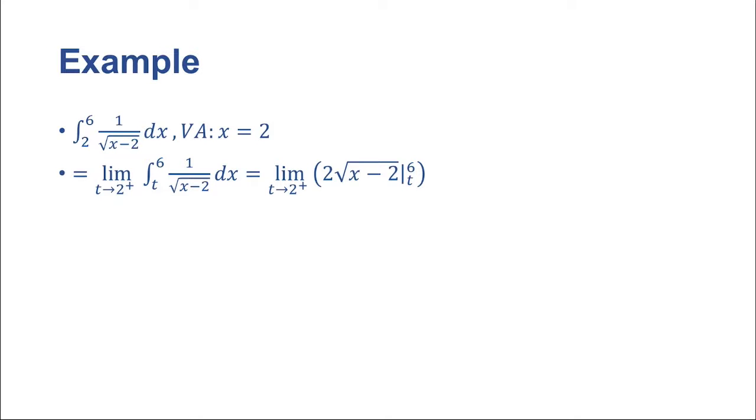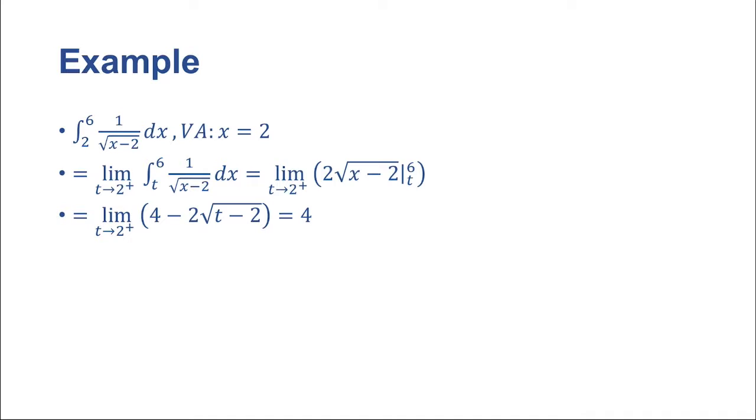Okay, so that's equal to the limit as t approaches 2 from the positive side of the integral from t to 6 of 1 over the square root of x minus 2 dx, which is equal to the limit, after we anti-differentiate, as t approaches 2 from the positive side of 2 times the square root of x minus 2, evaluated between t and 6. Okay, so now we can evaluate at 6, and then we need to look at t going to 2 from the positive side.